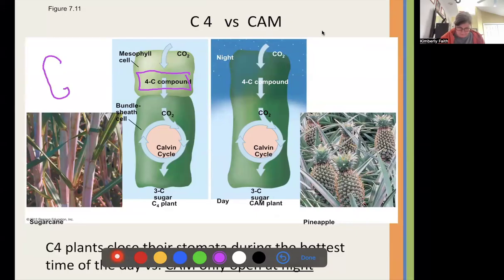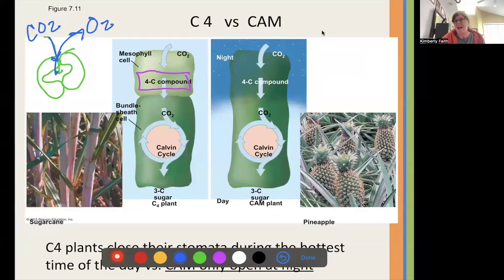oh, that's not good. Let me draw this better. You have those two guard cells, and those two guard cells make that pore that we have CO2 going in, and we have oxygen going out. We do not want to lose water vapor. Plants need water. We don't want to lose water. All right.